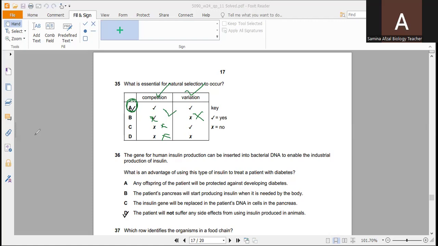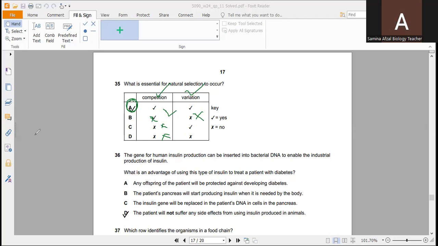Now, the next question: the gene for human insulin production can be inserted into bacterial DNA to enable the industrial production of insulin. What is an advantage of using this type of insulin to treat a patient with diabetes? The first option: any offspring of the patient will be protected against developing diabetes.